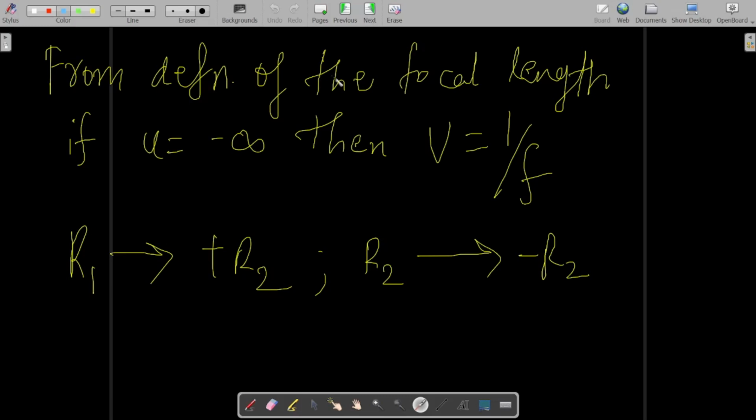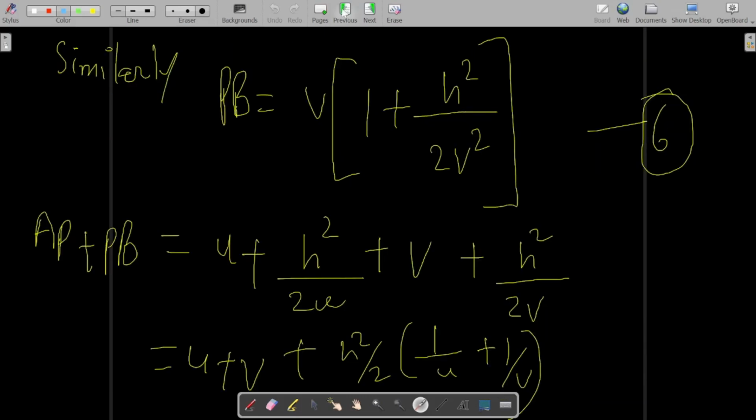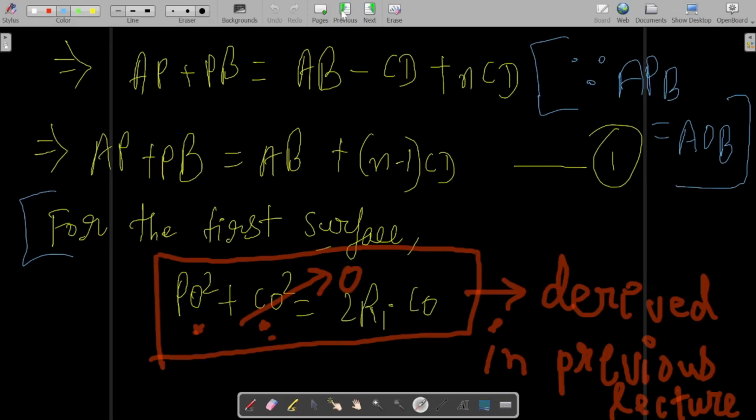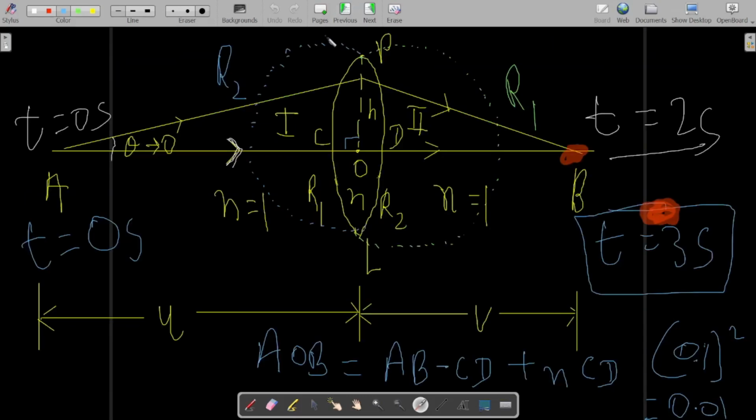Now, from the definition of focal length, how is focal length defined? Let's have a look at this. Suppose I have an object at infinite distance.